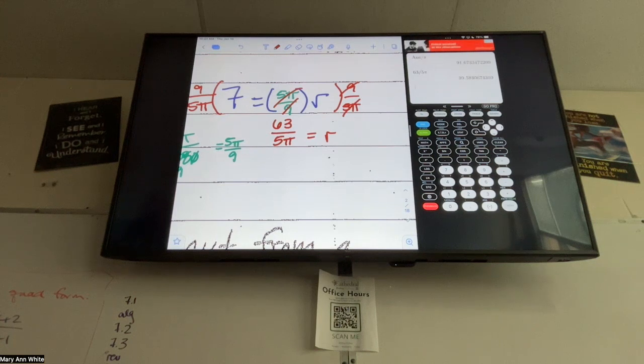Do you know what I should have done differently? I should put parentheses around it. Remember that your calculator is not as smart as we are. It doesn't know that it's 63 divided by both 5 and pi. What it does in here is it does 63 divided by 5, and then it takes that number and then multiplies it by pi. So if you want to do it this way, make sure you do 63 divided by parentheses 5 pi. That will be our right answer.